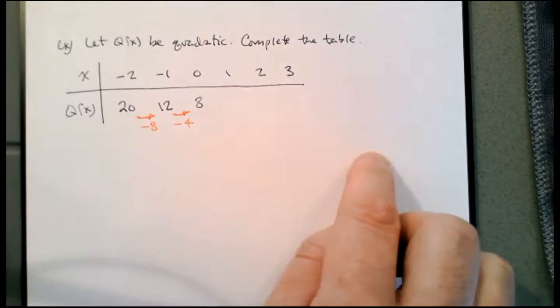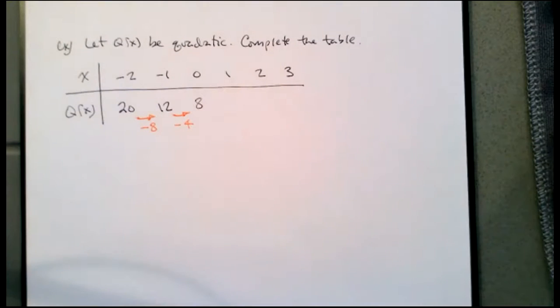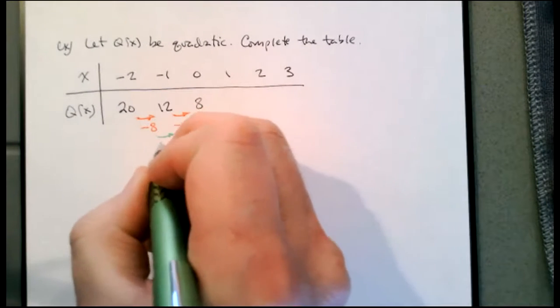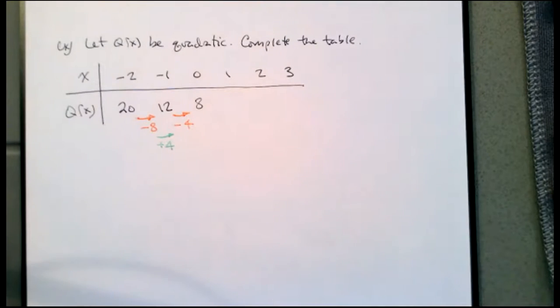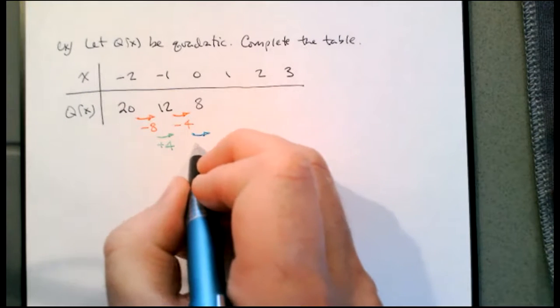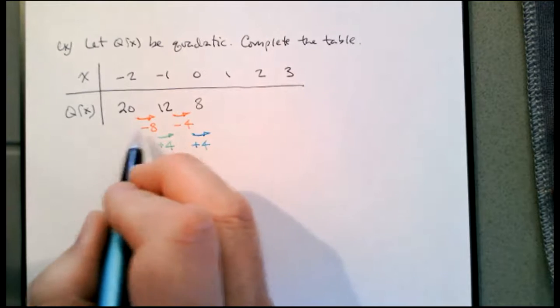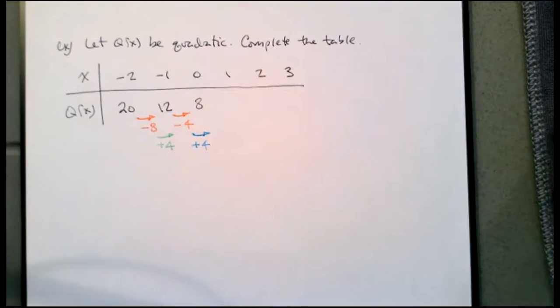The rate of change is not constant, but the rate of change of the rate of change should be constant. So from -8 to -4, we see that's an increase of 4. So moving forward, we should expect to see another increase of 4, because the rate of change of the rate of change of q of x should be constant. That's where the constant happens.